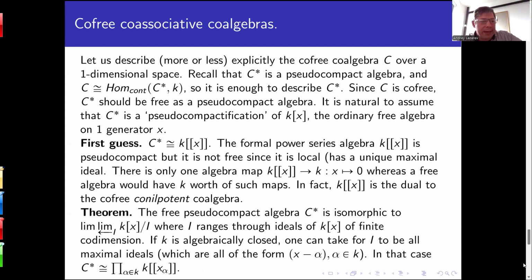That's what was the content of my next two slides. I was going to talk about the structure of co-free coalgebras, but I'm not going to do that because I'm nearly out of time. Thank you very much.